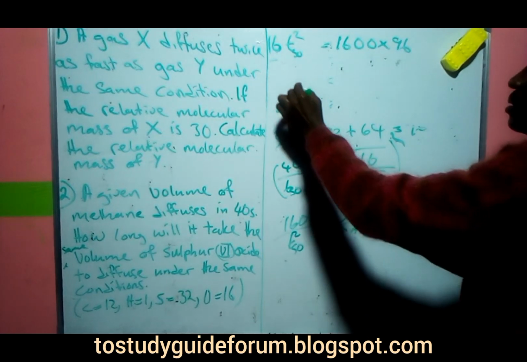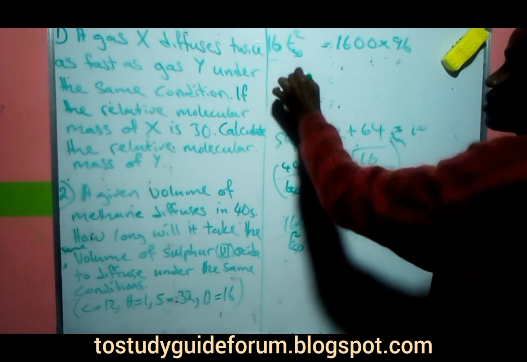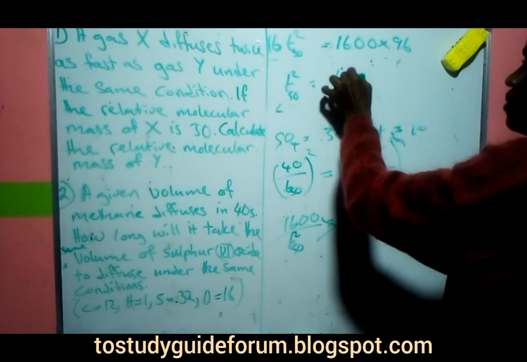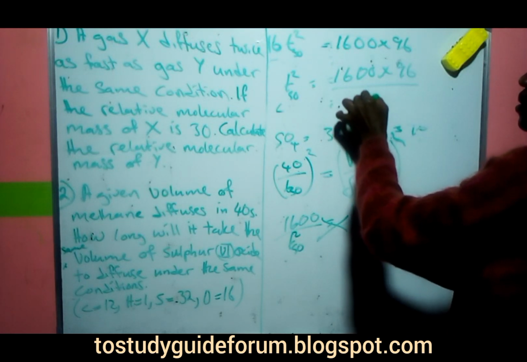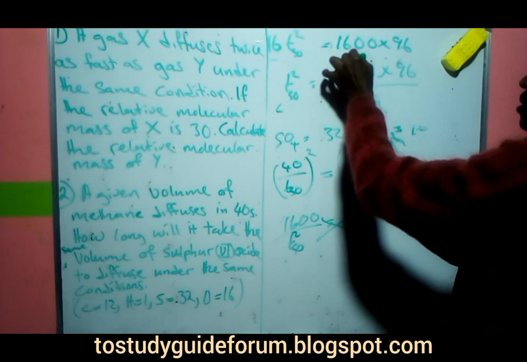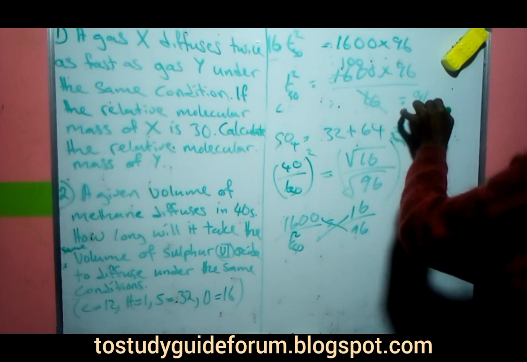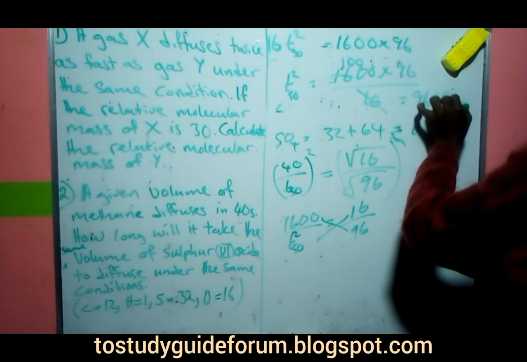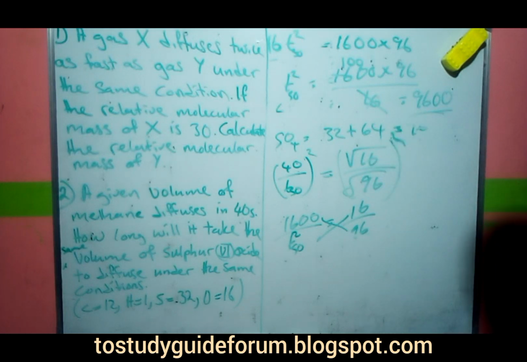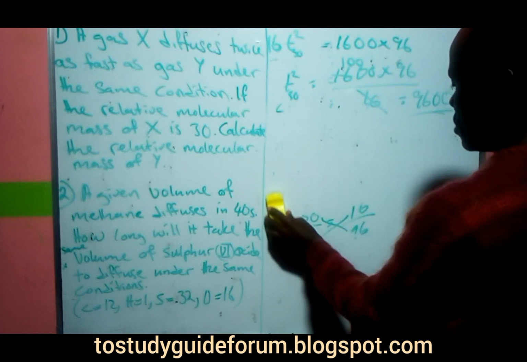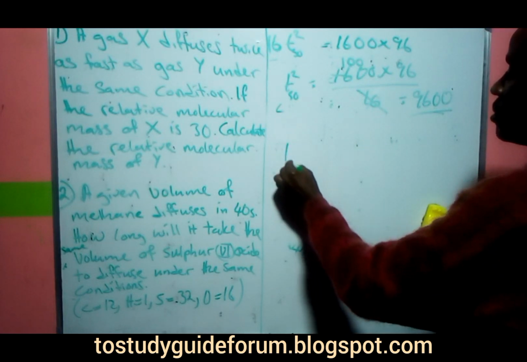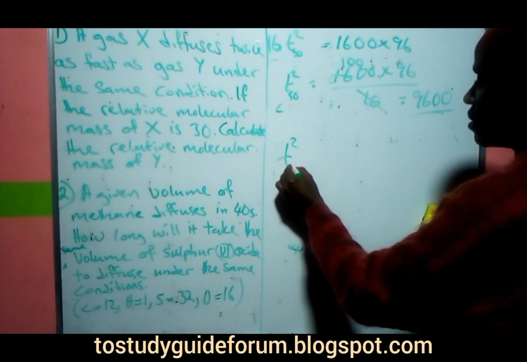So making T squared the subject of the formula, we have it all over 16. This will cancel, and we have 100 multiplied by 96, which is 9600. But that is not what we are looking for. The actual value here will be the square root of that.